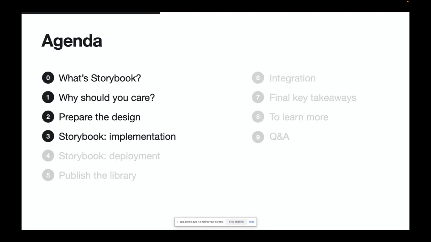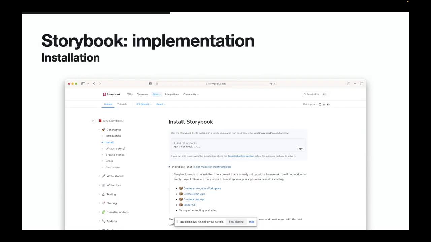Okay. So now that we have the design ready, it will be easier to implement our Storybook. For the installation, nothing really complicated. One key here is you don't initialize Storybook right away. Before installing Storybook, you have to create your project. The reason is Storybook is available for Angular, React, Vue, and so on.